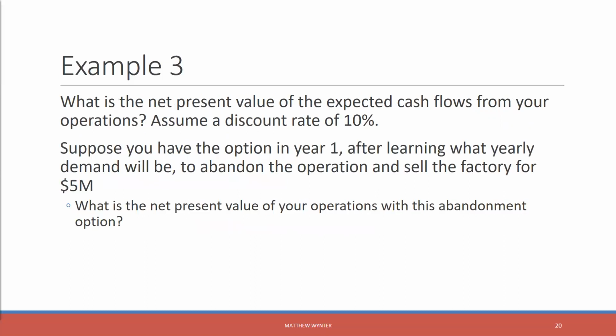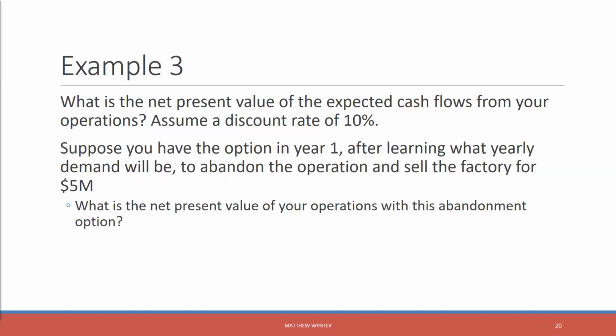So what are we going to do? What is the net present value of the expected cash flows from your operations? Assume a discount rate of 10%. So in our classic examples, we're going to take the probabilities across these states of the world. And then to set this up, we've got our revenue, so our 200 minus our 180 multiplied by our demand.